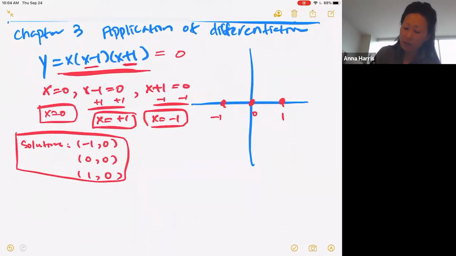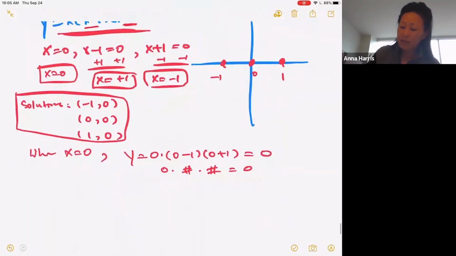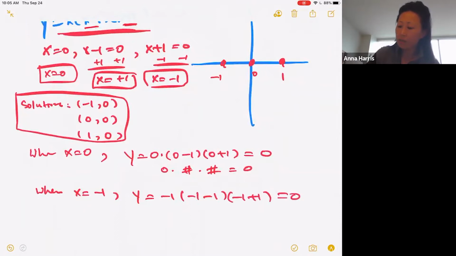When x equal to 0, y equals 0 times (0 minus 1) times (0 plus 1), that's 0, because 0 times anything is 0. When x equal to -1, y equals -1 times (-1 minus 1) times (-1 plus 1), equal to 0, because anything times 0 is 0.